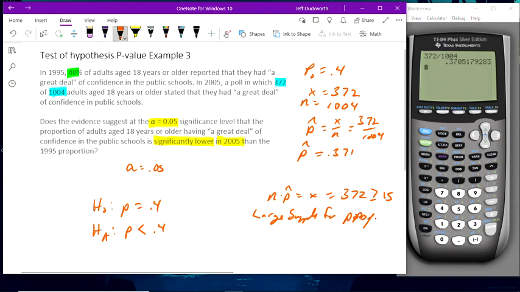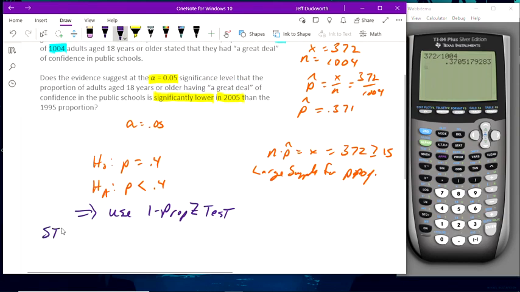This means that we're going to use one prop z test. One prop standing for one proportion, we're only talking about one p here. We always use a z for the proportion tests, and we're doing a test, not a confidence interval, so that's what we're going to use.